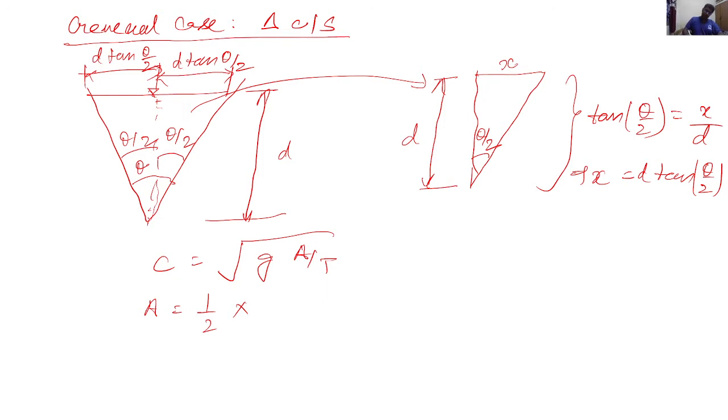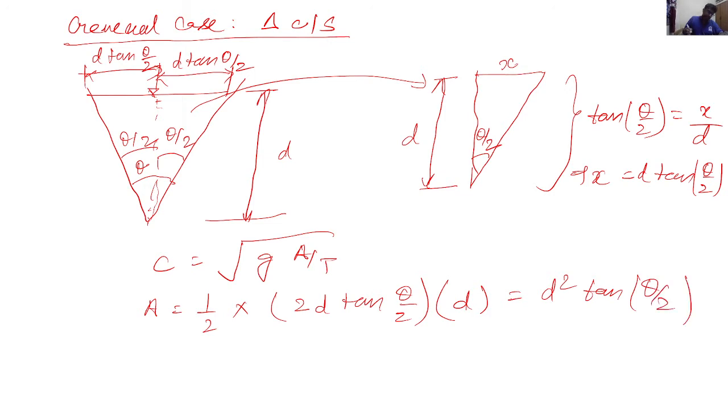So area will be half times the base. Base is the sum of d tan theta by 2 plus d tan theta by 2, times the height, and height is d. We know it very well. So it comes out to be d square tan theta by 2. And the top width will be nothing but d tan theta by 2 plus d tan theta by 2, equal to 2d tan theta by 2.